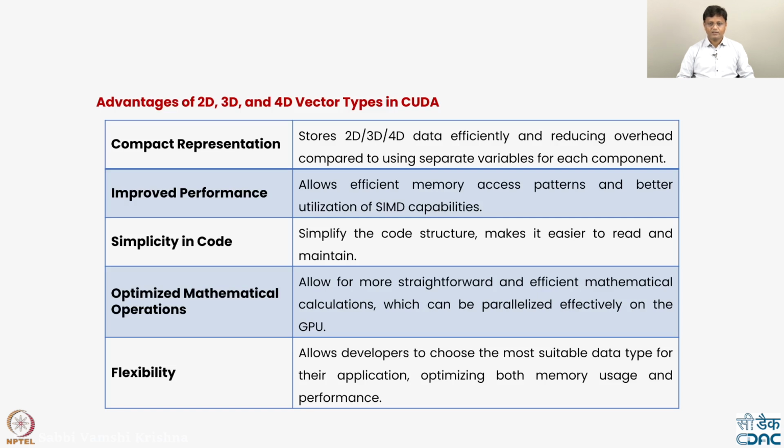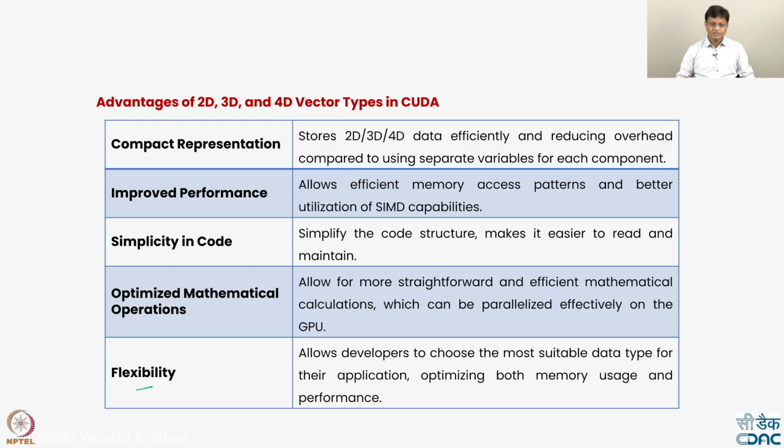When data related to the object is efficiently arranged, the mathematical computations performed on that object's values will be more efficient and can be parallelized effectively on the GPUs. The last one is flexibility.